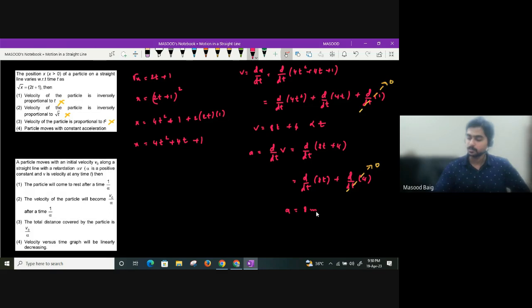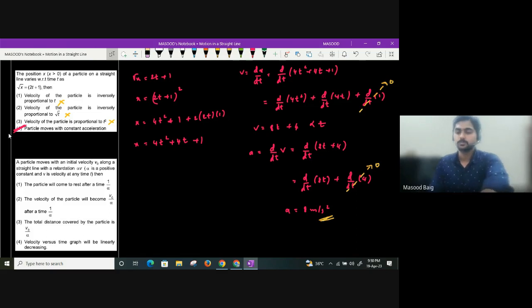It is 8 meter per second square. Clear? So acceleration, you see, is a constant value. So the particle moves with constant acceleration, which should be correct, or the velocity should vary as directly proportional to time. Okay. Understood? Yes or no?